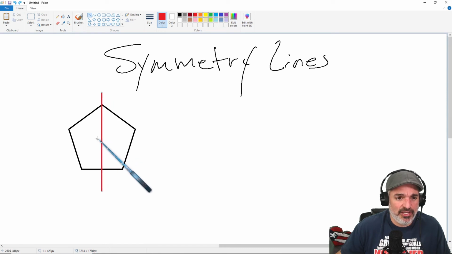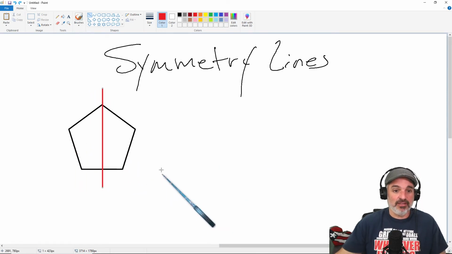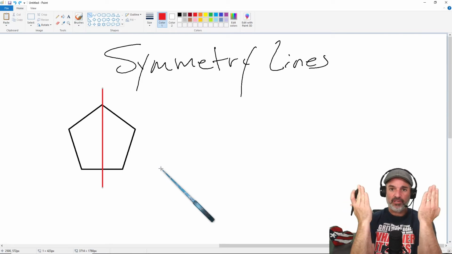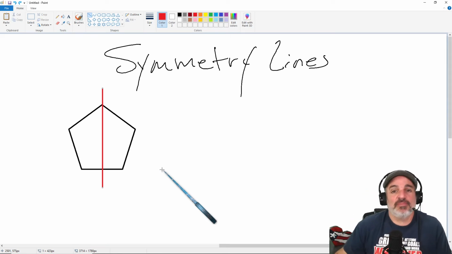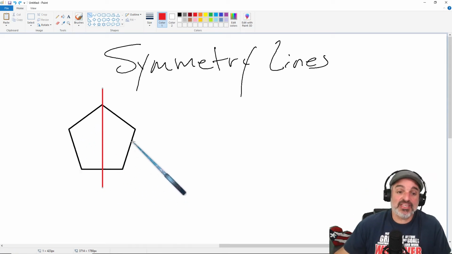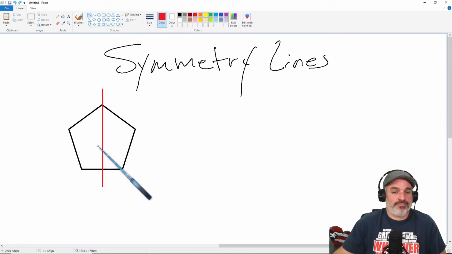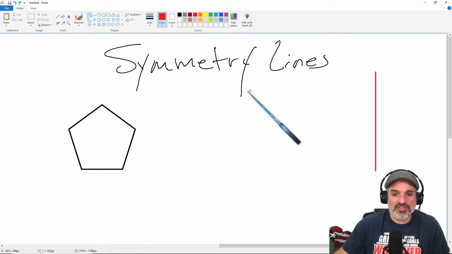Same if I put it here or here or here. But if I place it right there, right smack in the middle, then you see this side is perfectly a mirror image of this side if I fold it through that line. So that is a symmetry line for that shape, and you can say, yes, the shape has symmetry through one line, okay? Then, once you know this, you can write one symmetry line.